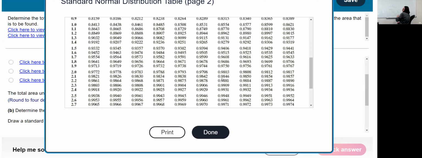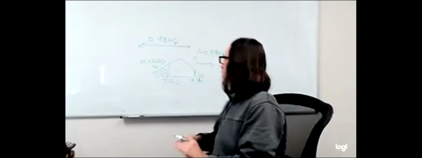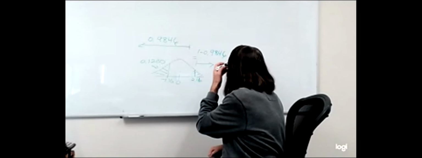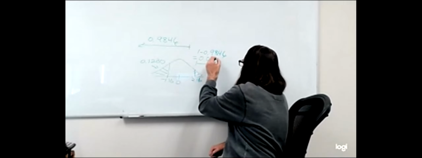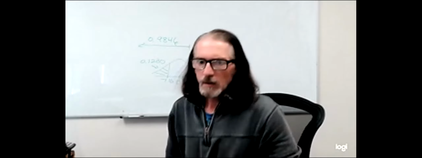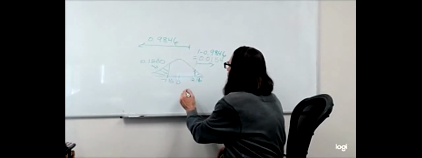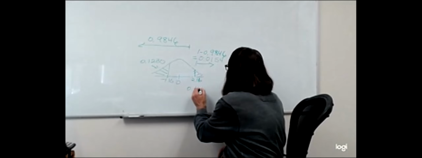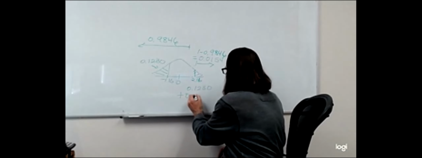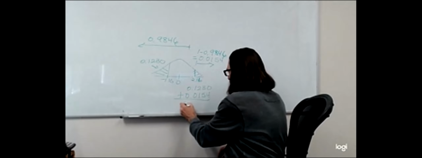So if I go to the right instead, because it had to be greater, then that's going to be 1 minus this, which is going to be 0.0154. We're going to add those two, for a total of 0.1384.